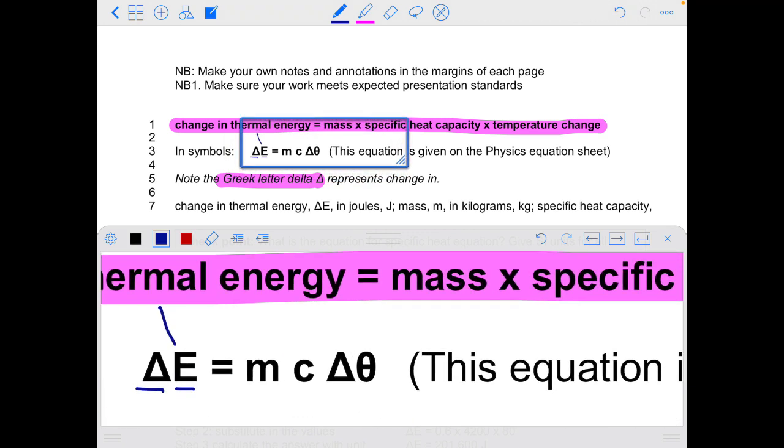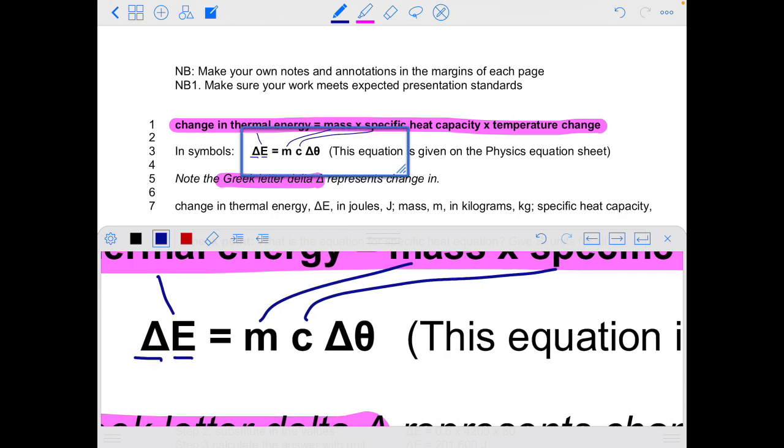Mass, we know, is an m. Specific heat capacity is the c. And then the change in temperature is this symbol here: again we have the delta, for the change in, and the theta, which represents temperature. All right, because we've run out of letters, we need to start using the Greek letters.